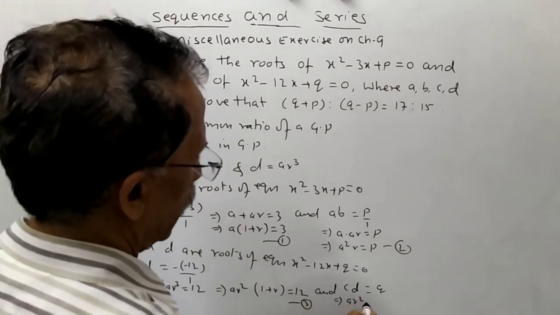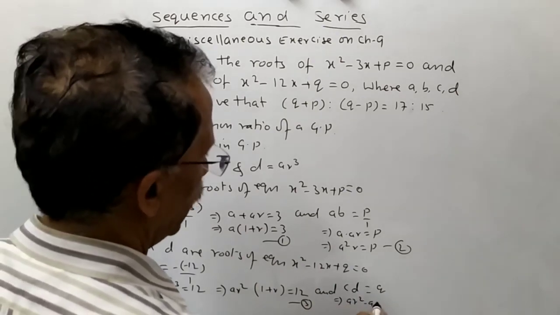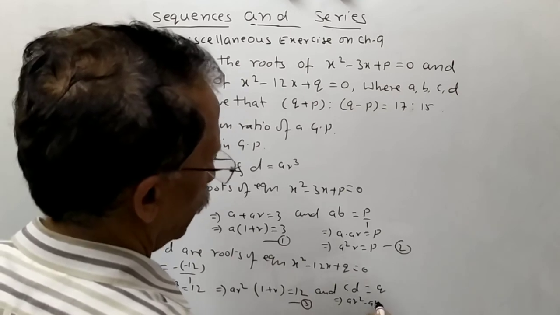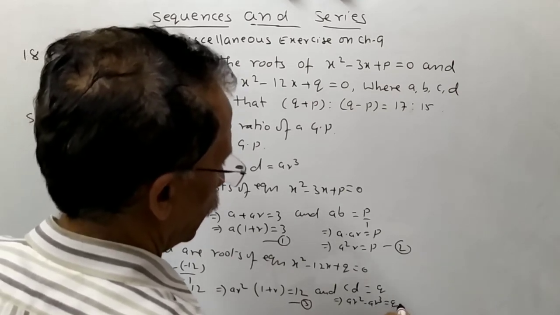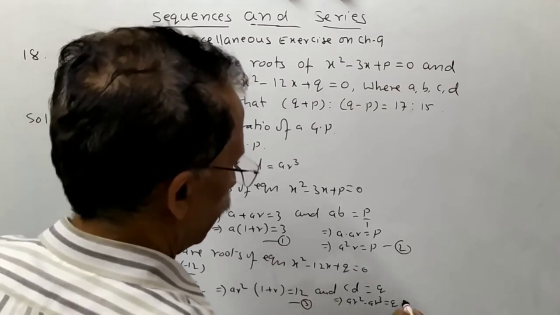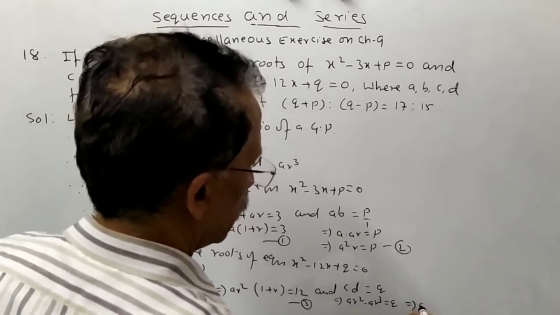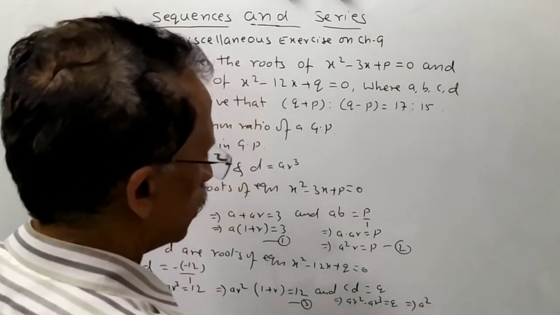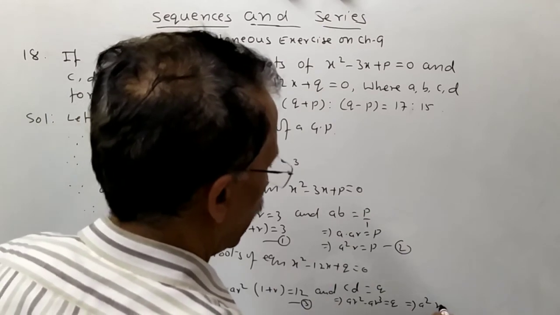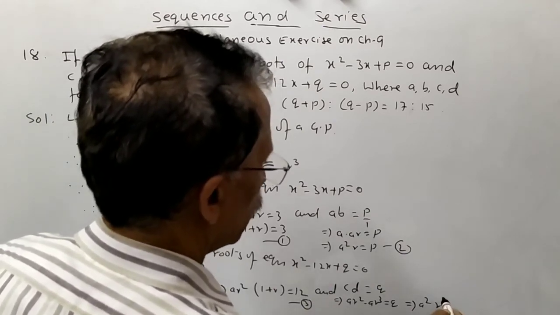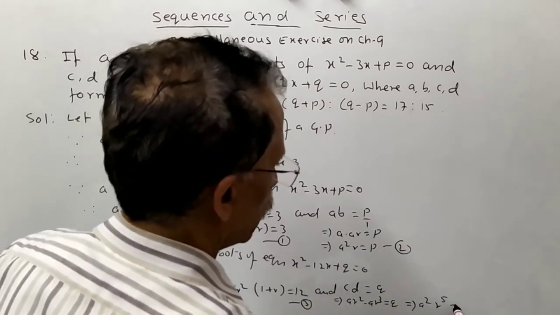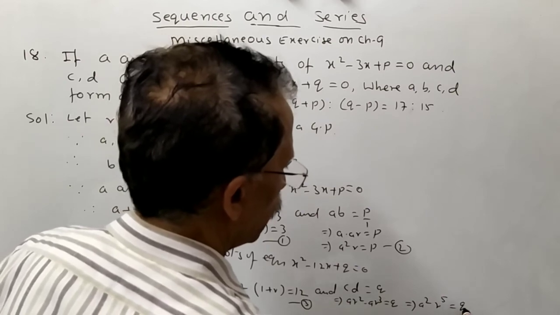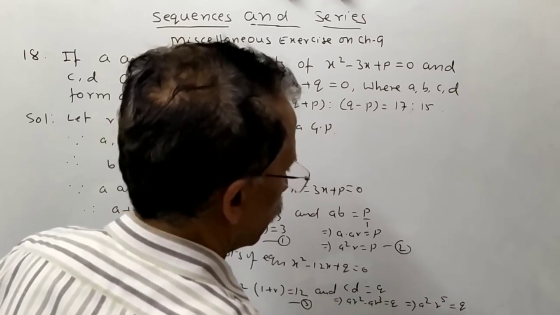AR square into AR cube is equal to q, implies A square into R raised to the power 5 is equal to q, say number 4.